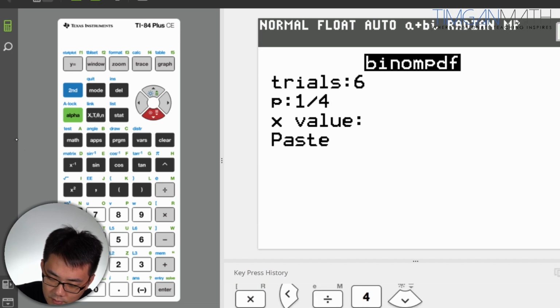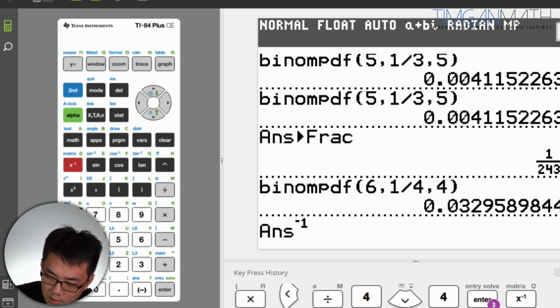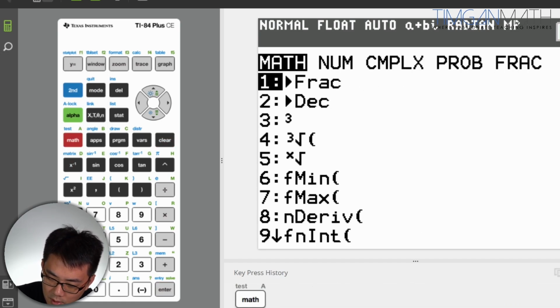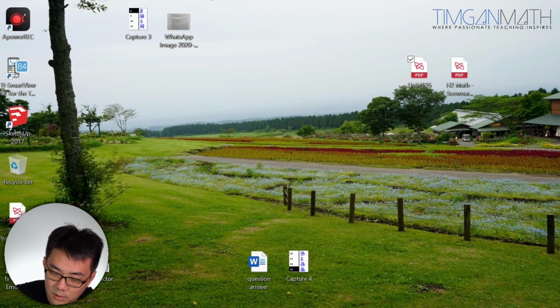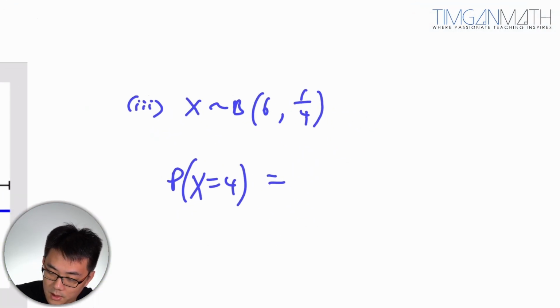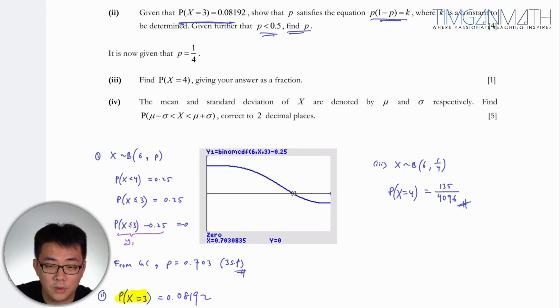Then this will be 4, enter. Change to fraction, that's it. So 135 over 4096. There you go. That's how we do this question here.